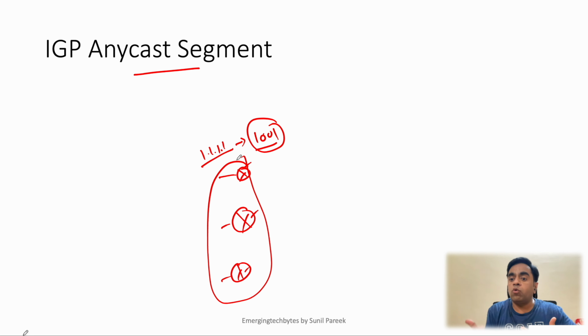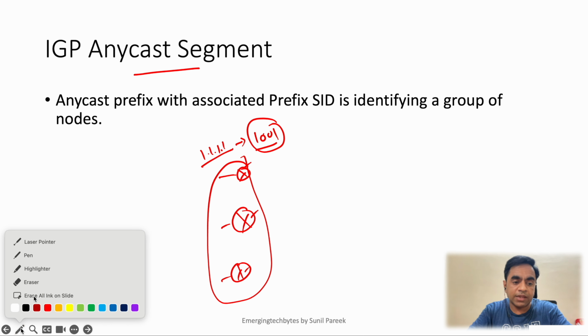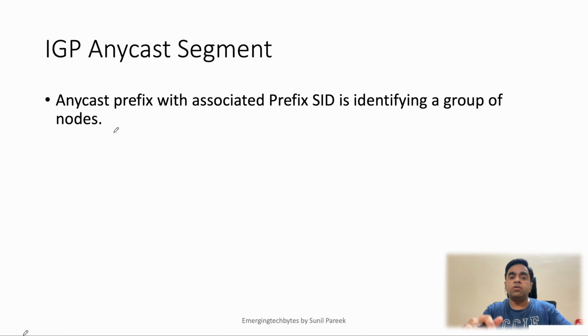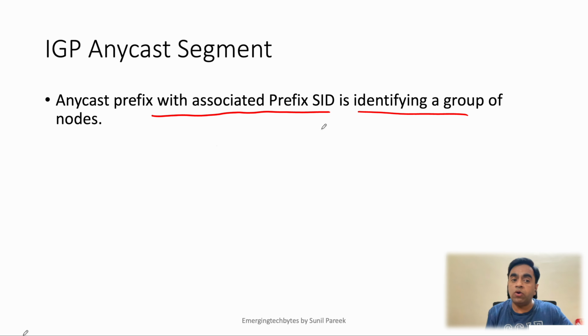So what could be the use case? Why in the first place would you allocate an anycast SID? Before I come to that, let's see what nodes we have on the slide. So let me clear this ink and come back here. From the definition perspective, an anycast prefix with an associated prefix SID identifies a group of nodes.